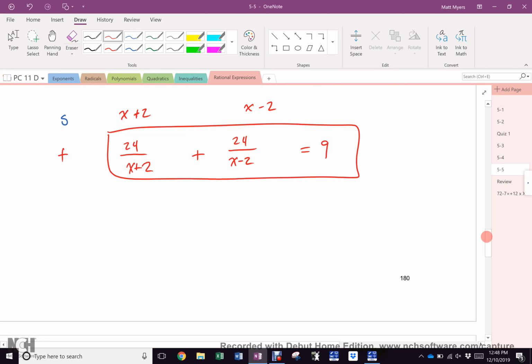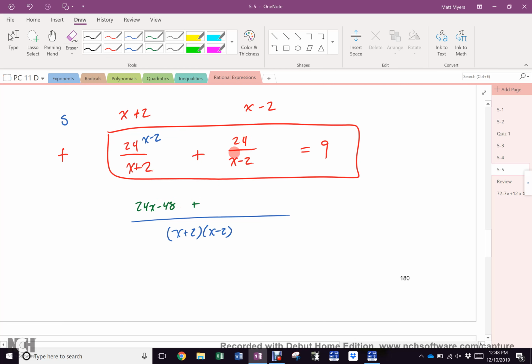Let us work it. What is the common denominator? X plus 2, x minus 2, yes? What does this guy need? X minus 2. So what's getting written right here? Well, I just expand it.